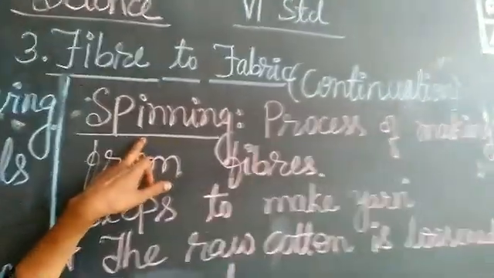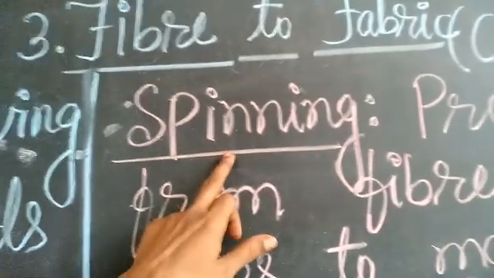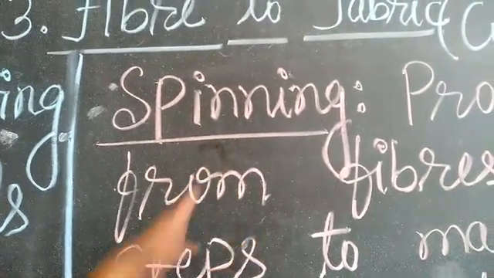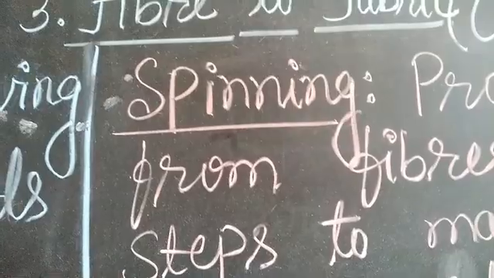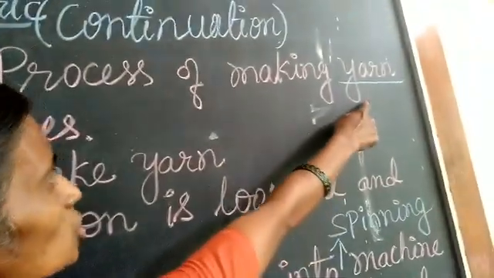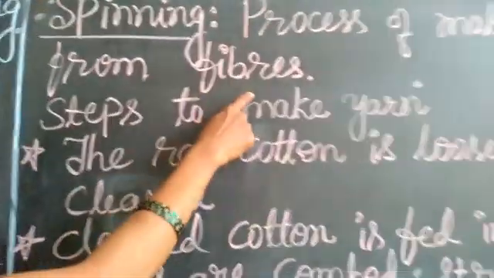After the ginning, there is a process called spinning, which means the fibers are spun into yarn. It is the process of making yarn from fibers.